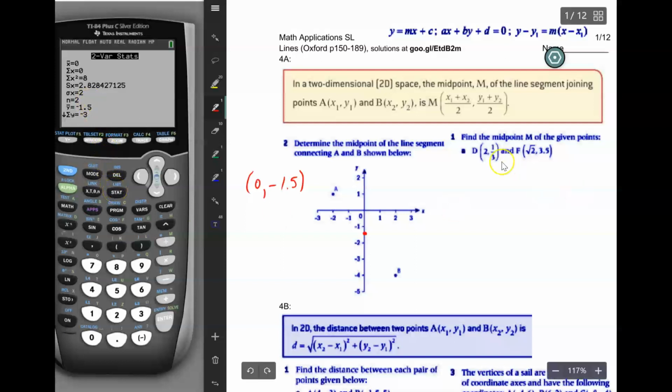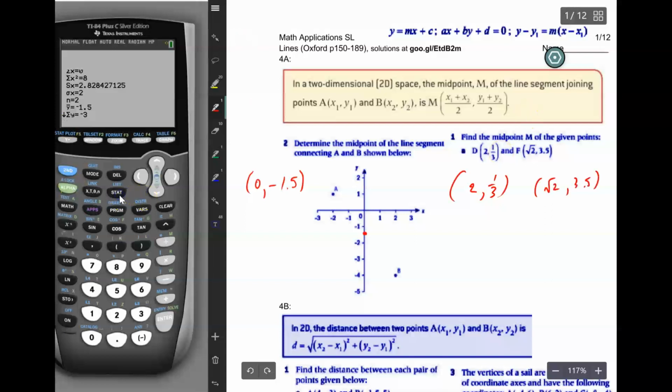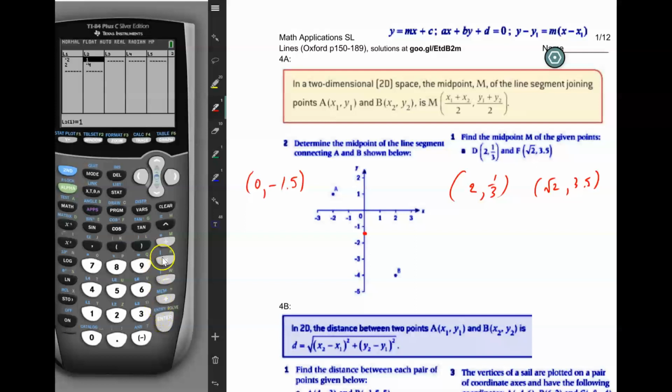So let's do that with these quite difficult numbers here. We got 2, 1/3, and we have square root of 2, 3.5. Let's put those numbers into L1 and L2 and see what we get. The way you can clear L1 and L2 is you just press clear on top of L1 and L2. So I'll do that first. And then we're going to put 2, 1/3.